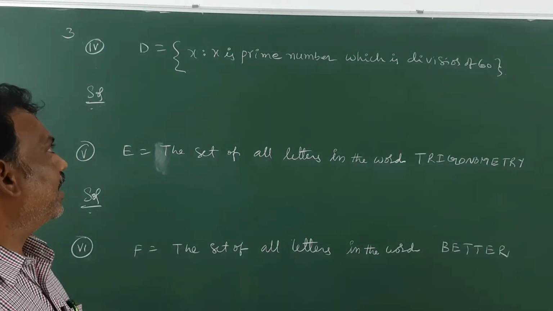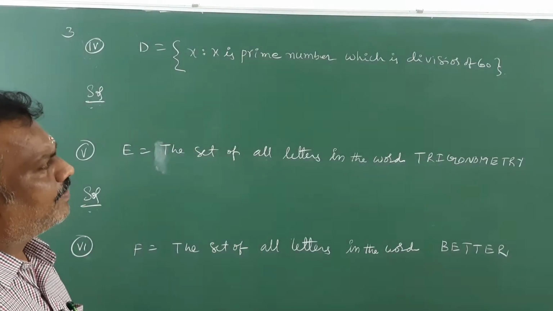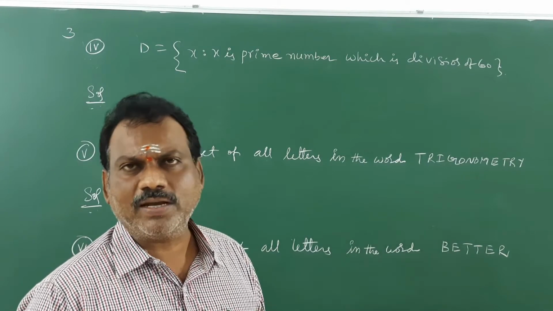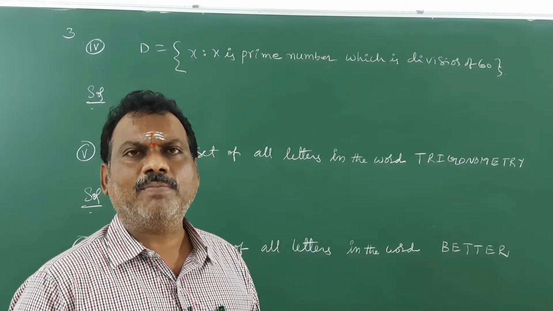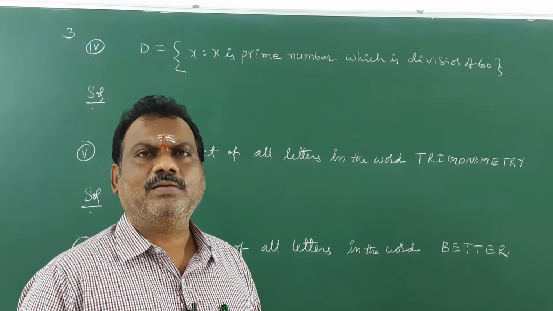D is equal to the set of x such that x is a prime number which is a divisor of 60. Divisors means, what does it mean? The numbers which are exactly divisible into 60. Correct or not?